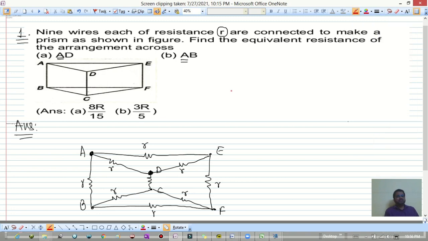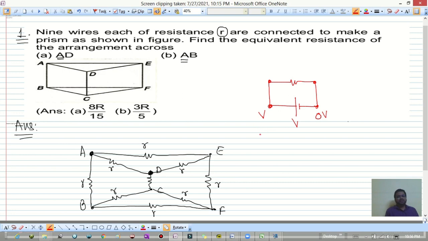Now, see here, whenever we apply a potential difference across any resistance, it is just the basic idea behind this. Suppose that potential difference is V. What does this mean? If I consider at this point potential V, at this point potential must be 0 volt, isn't it?